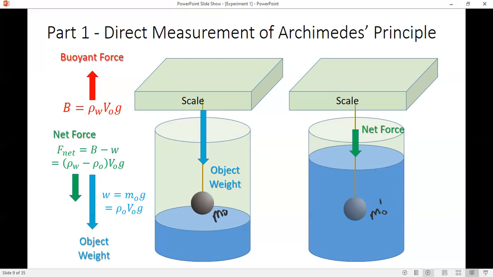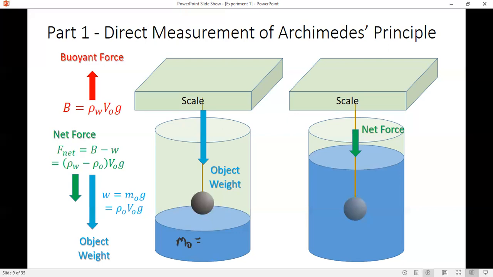Now, let's take a look at the math here. Again, this is the object's weight, mass times acceleration of gravity. So in fact, when the scale determines mass, what it is actually doing is it's saying, I know the mass of the object because I am reading a force, okay?